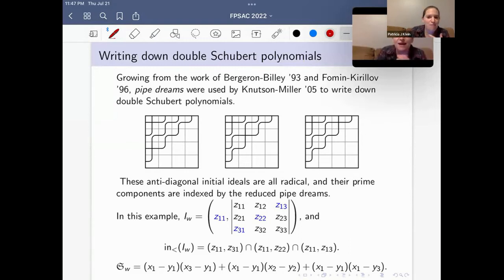And a good thing about Gröbner bases is that we're going to put an ordering on the monomials, and then we're going to take the largest term of every element in our Gröbner basis, and that will generate an ideal that's very similar to the ideal that we started with. So it's called the initial ideal with respect to that term order, and some good information is that that monomial ideal shares a Hilbert function with the ideal that we started with. So any size information that's carried by the Hilbert function is preserved.